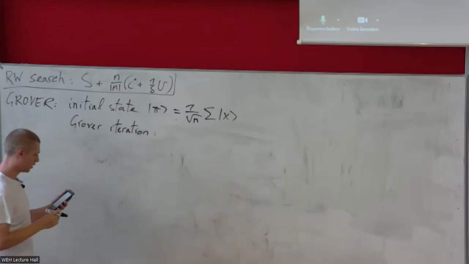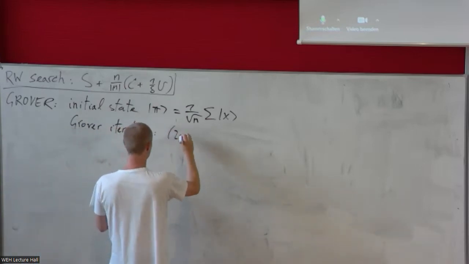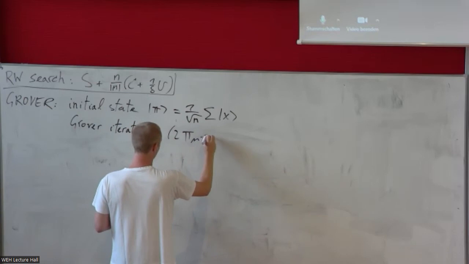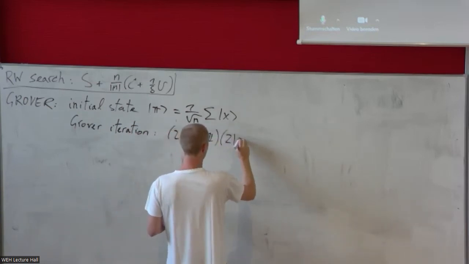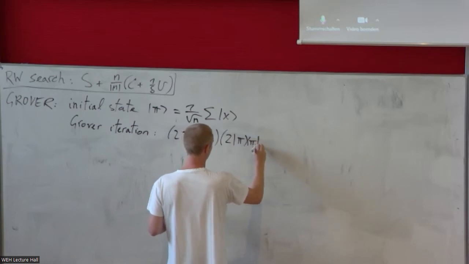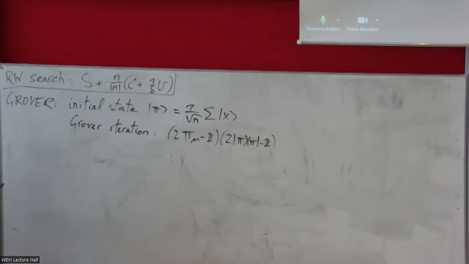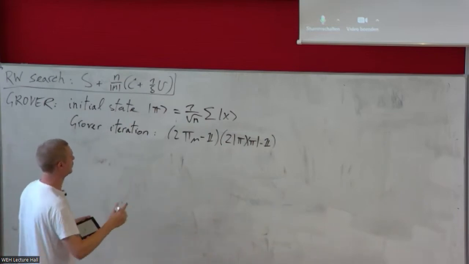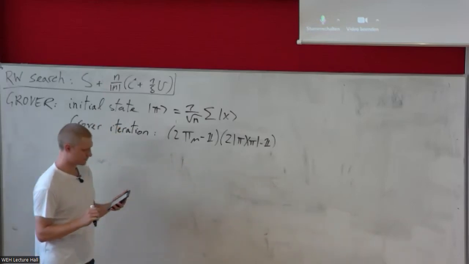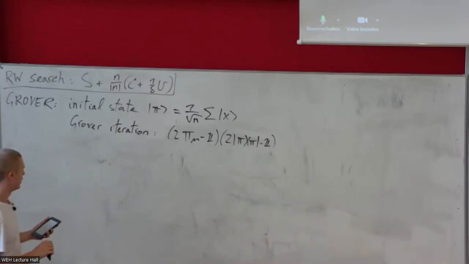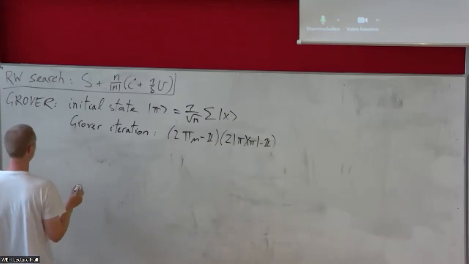And a Grover iteration, how does it look? I'm going to ask you because, of course, you know now. It consists of two reflections, one of which is a reflection around the initial state, the stationary state. And the other one is a reflection around the marked elements, right? This is what you've been going through this week.